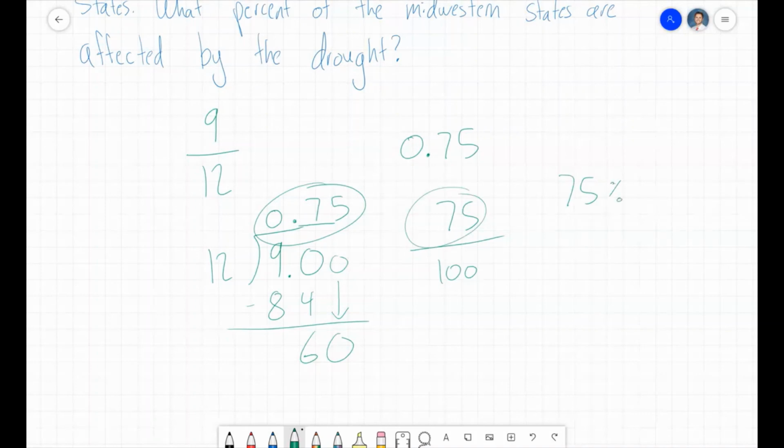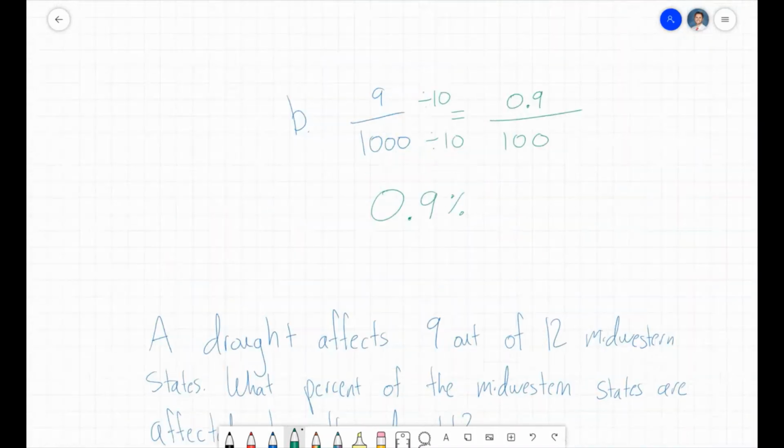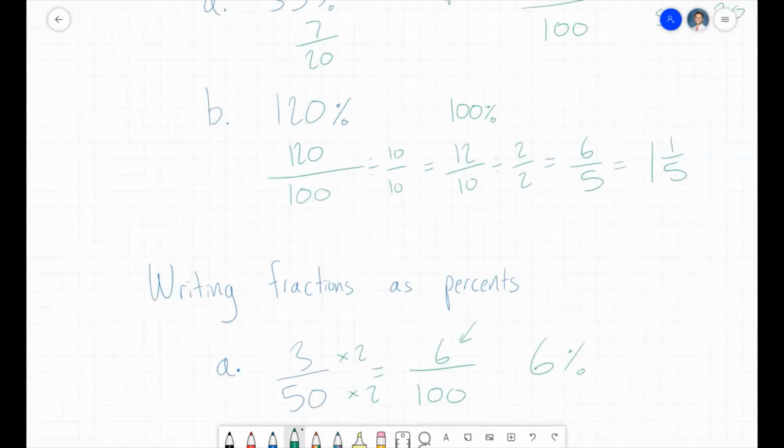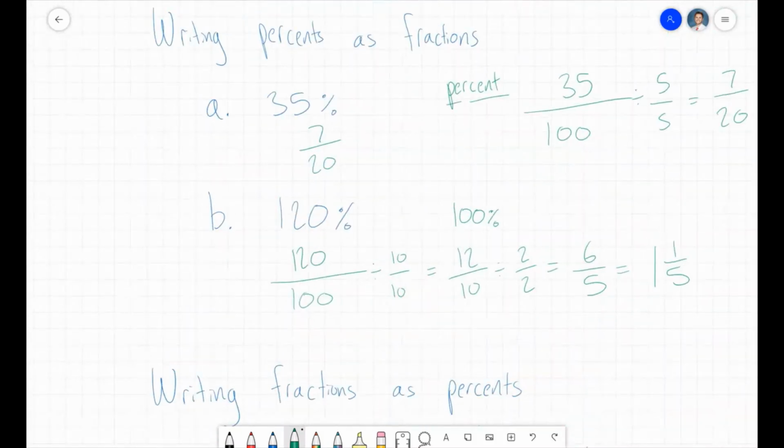Okay, another thing that we can do in order to go from a decimal to a percent, super easy, because a percent is always going to be 100 times greater than a decimal. So if we just move this decimal twice, we would get our percent, 75%. So that's just a quick look for us at relating percents and fractions.